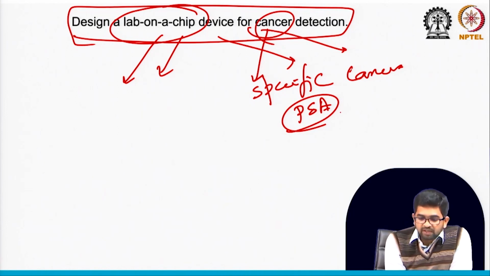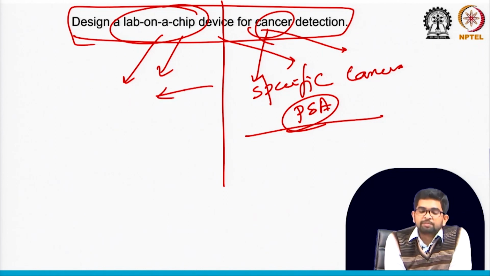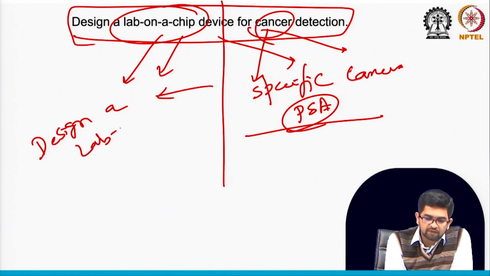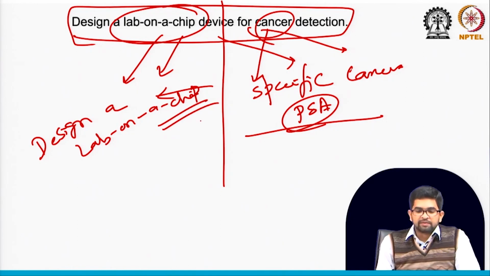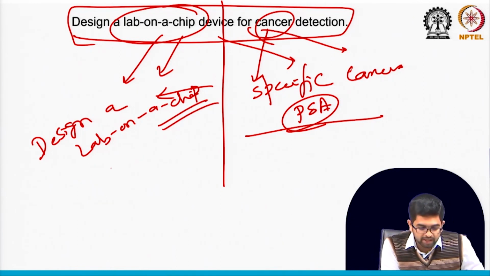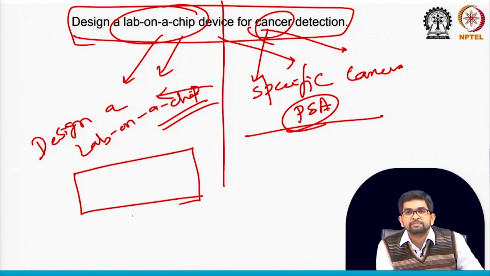Then this is the biology part, prostate specific antigen, and here is your engineering part. The engineering part is to design a lab on a chip. So this chip design, first what you will do, let's make your chip right here.